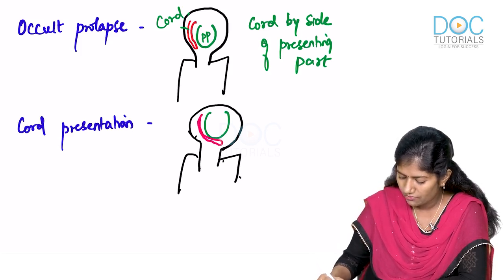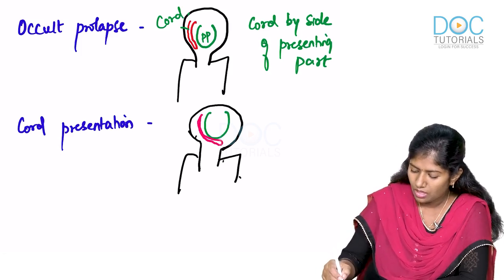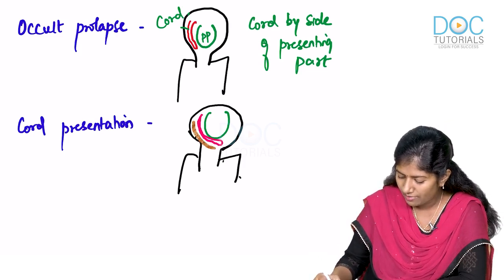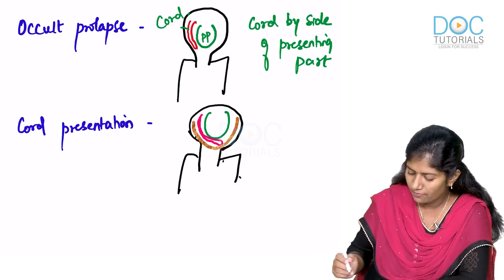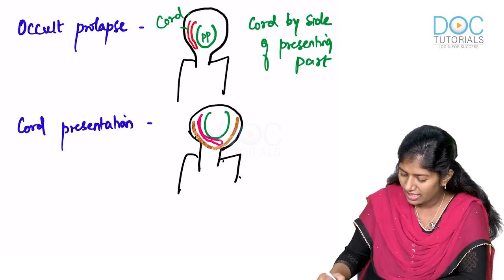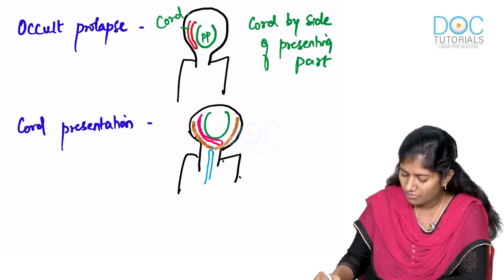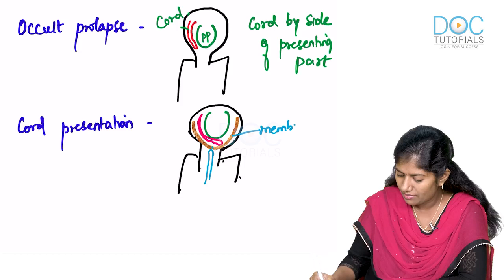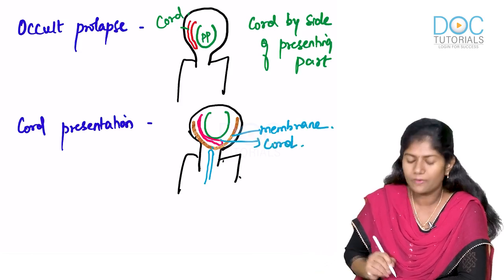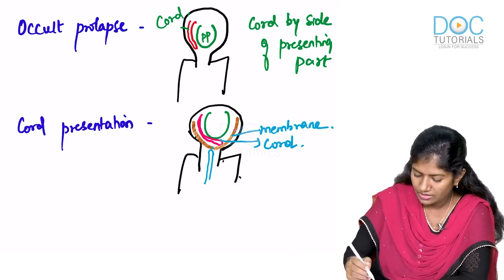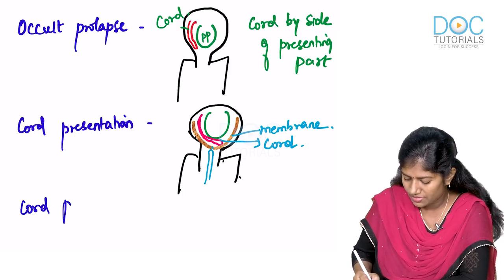The unique feature of this condition is that the amniotic membrane will be intact. When you do a per vaginal examination, you insert your finger into the cervix, you will feel the membrane first, and only through the membrane you will feel the cord. This is cord presentation.